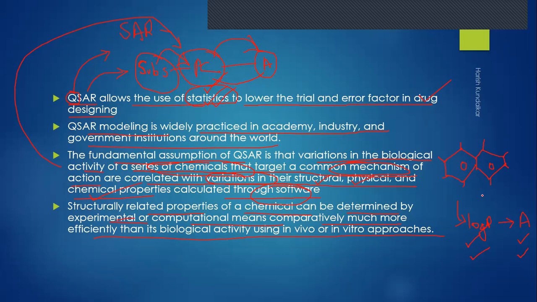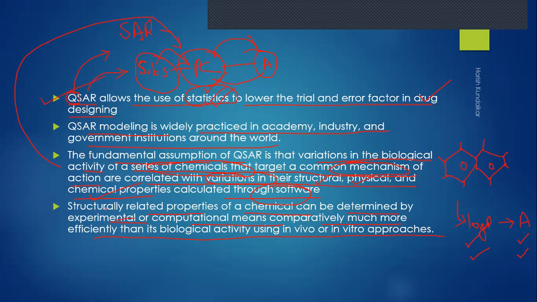So we have the quantitative structure activity relationship, QSAR software, which we can use to do these calculations. So we can find out how log P is related to activity. That means any substitution that we do, which will change the log P in a certain way, is going to change the activity also in that particular way, right? So this is how QSAR is derived.